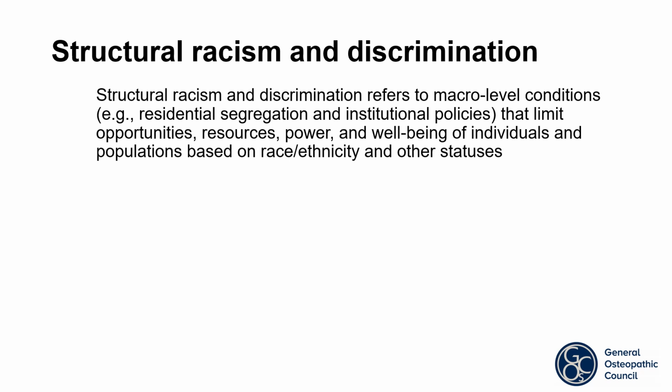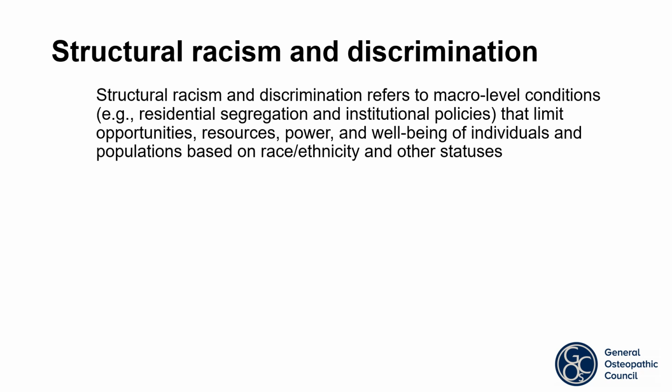So looking at some definitions once again. This one, structural racism and discrimination. This type of discrimination is at a large level, macro conditions, and they might be conditions about where people live, residential. It's about institutional policy, and there are things that limit people's opportunities.